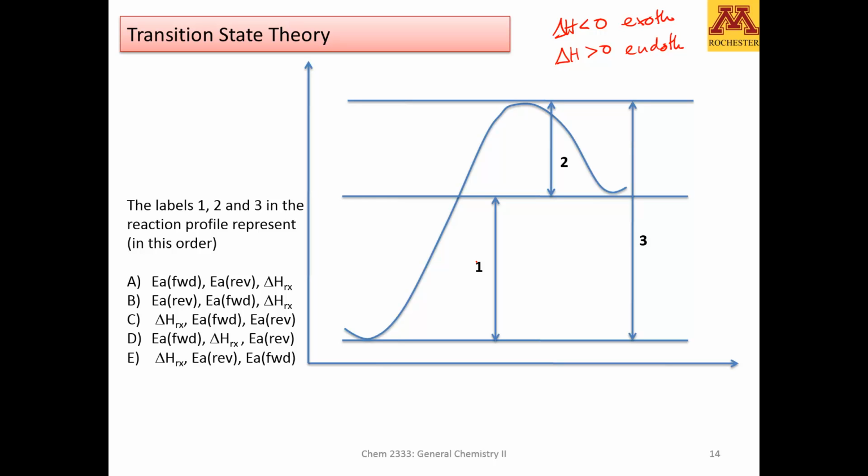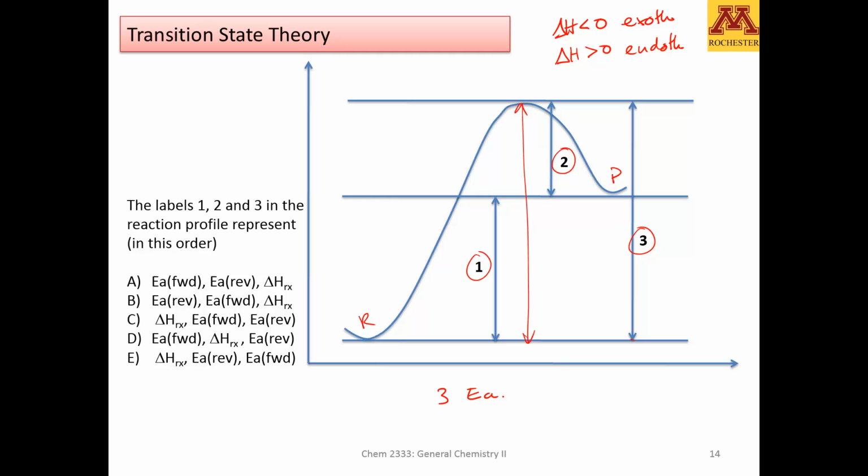So we have to identify what magnitudes number 1, 2, and 3 describe. Notice that number 3 is the barrier that reactants need to surmount to reach products. So number 3 is the activation energy.